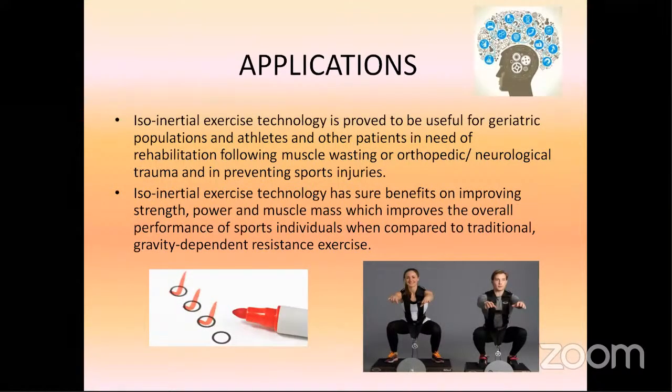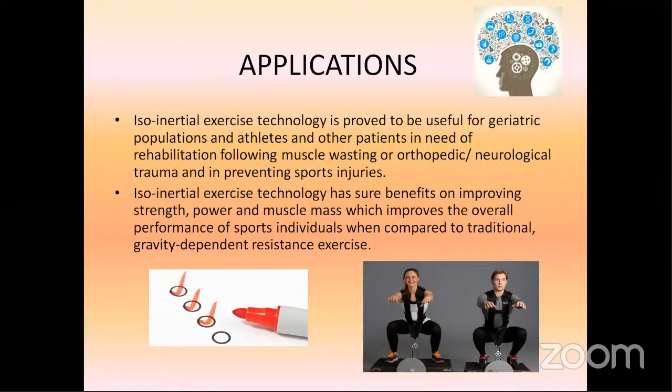Moving on to applications: iso-inertial exercise is used for athletic performance and for space travel. It can also be used for geriatric populations and other patients in need of rehabilitation following muscle wasting or orthopedic or neurological trauma, and in preventing sports injuries.